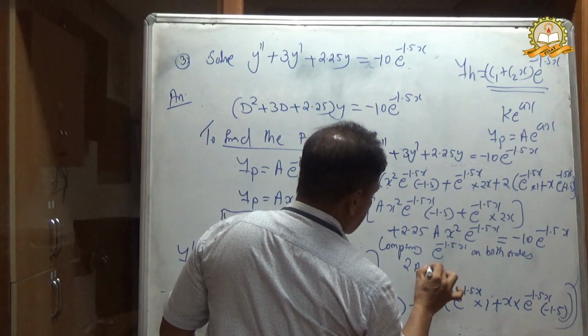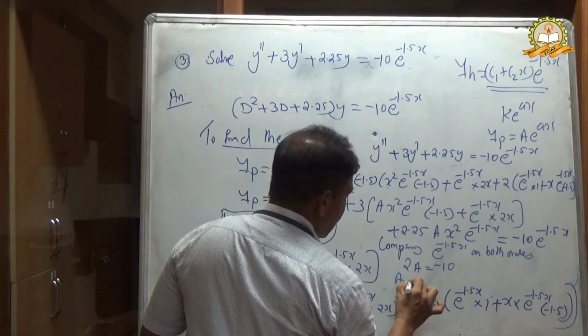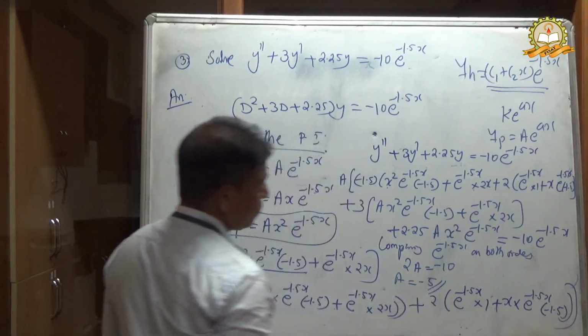Therefore 2a is equal to -10. Therefore, a is equal to -5.